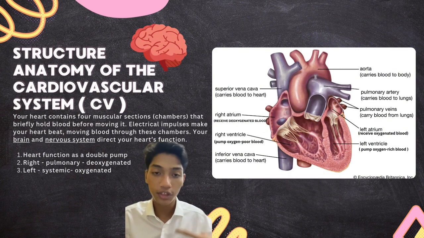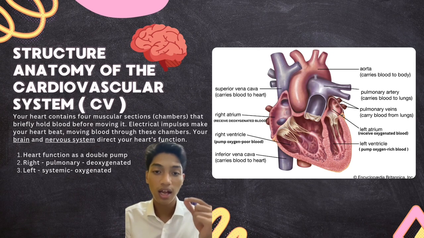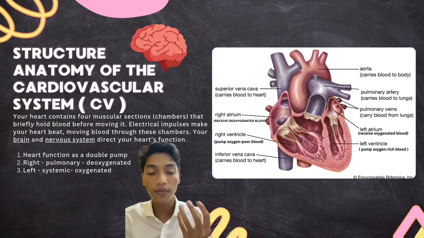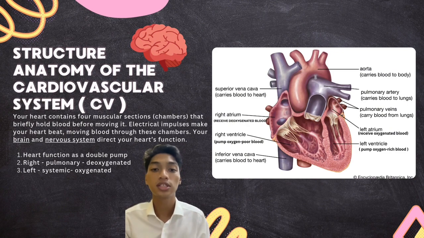The left atrium receives it and moves it to the left ventricle. The left ventricle pumps the oxygen-rich blood to the aorta. The aorta spreads it to our body.